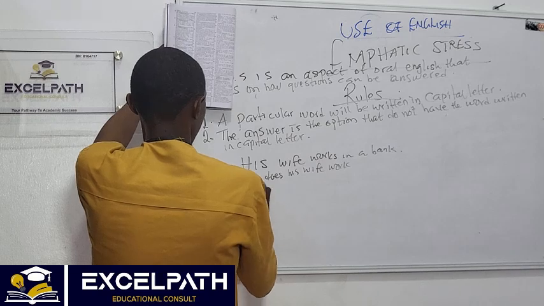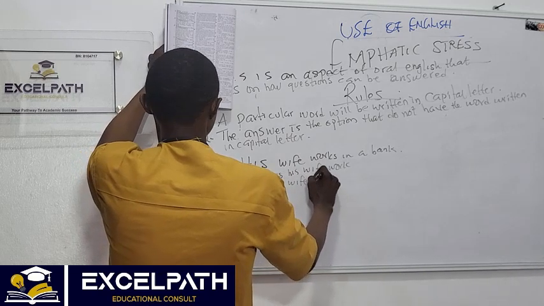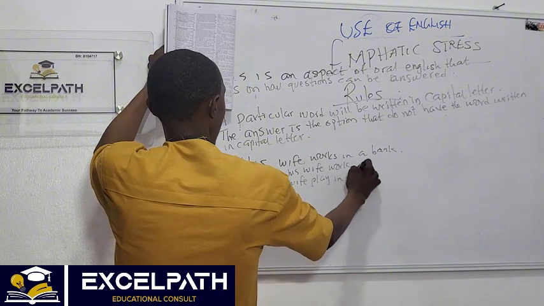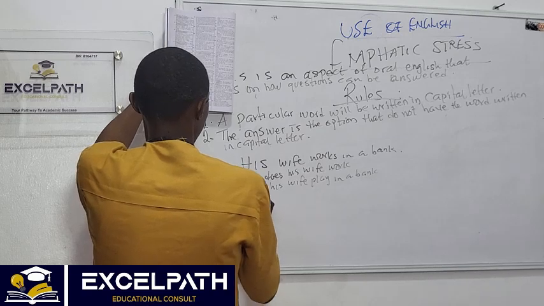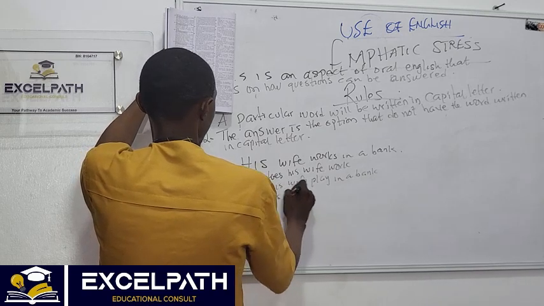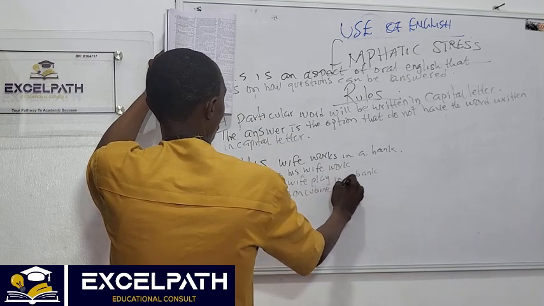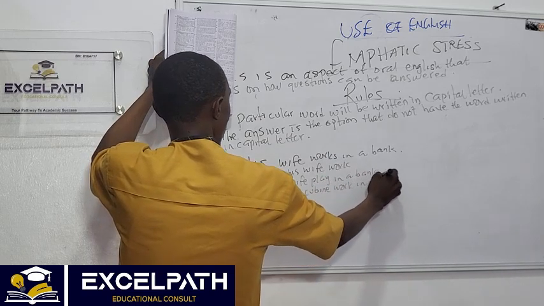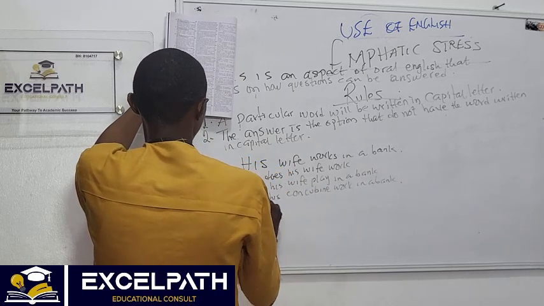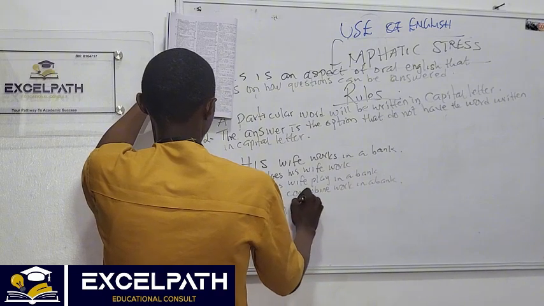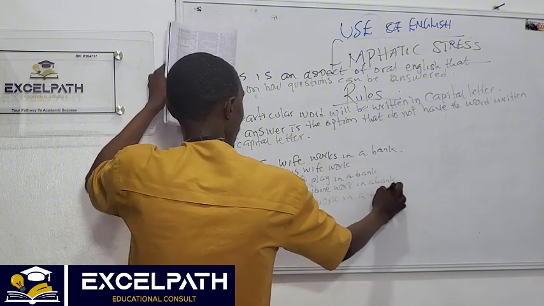Option B, does his wife play in a bank? Option C, does his concubine work in a bank? Option D, does my wife work in a bank?